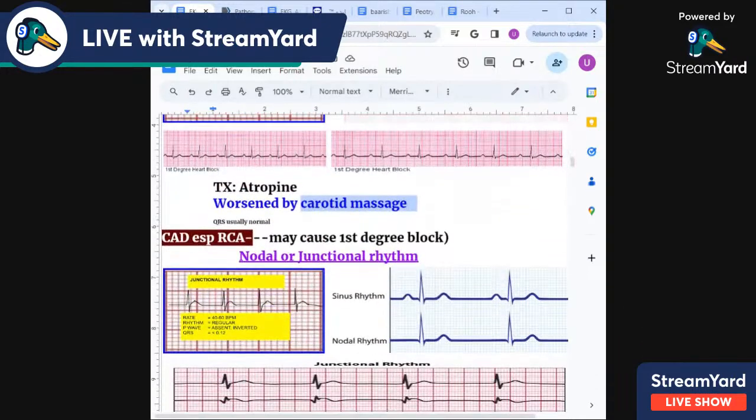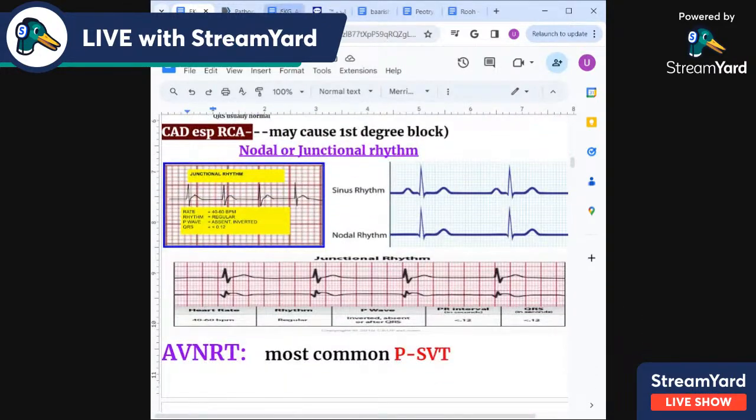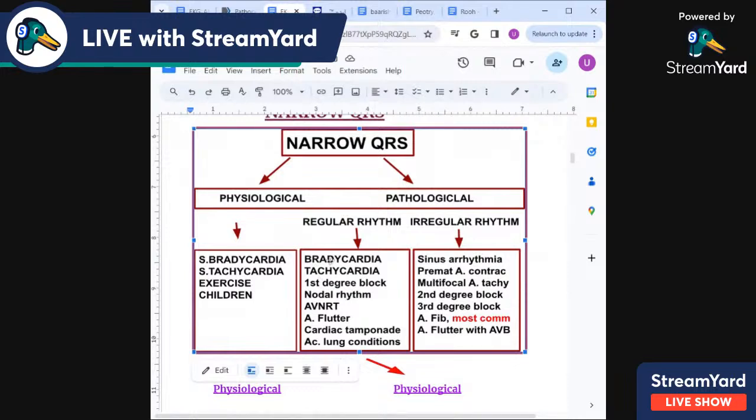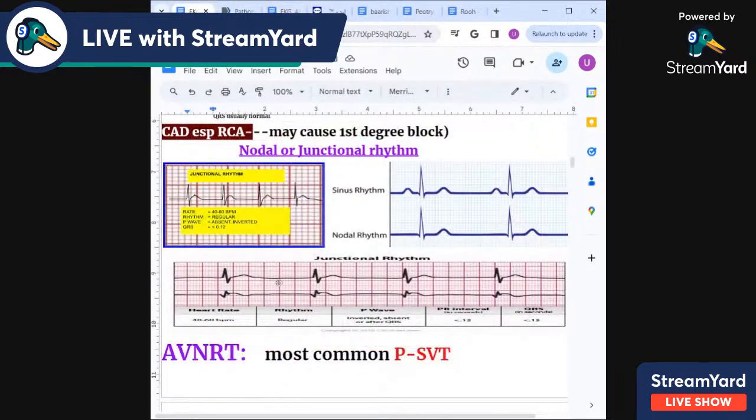Then the next in this list of regular rhythm narrow QRS is nodal or junctional rhythm. See on the right side, the upper EKG shows sinus rhythm. Normally, this is the sinus rhythm. All the components are present. But the lower one is the nodal or junctional rhythm. In this, the P is absent.